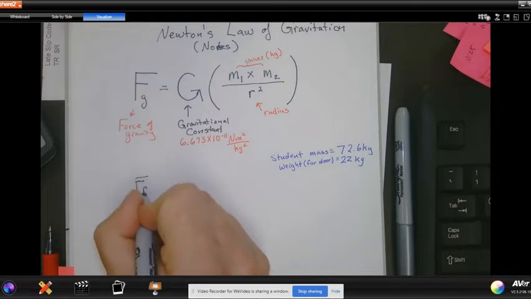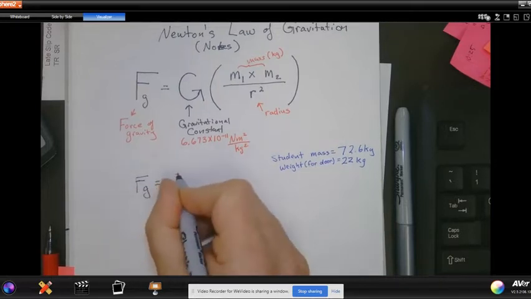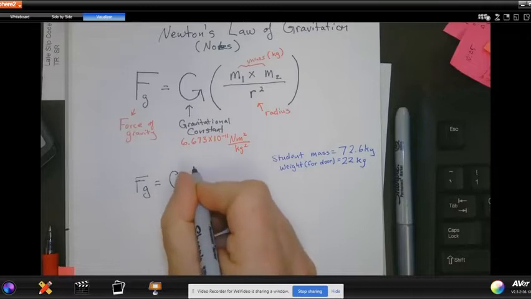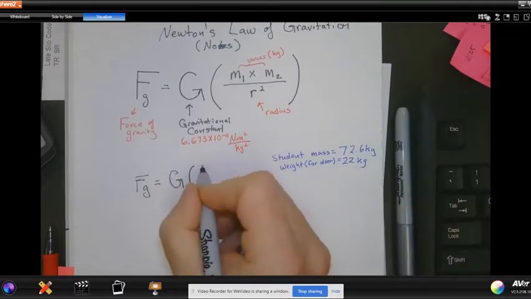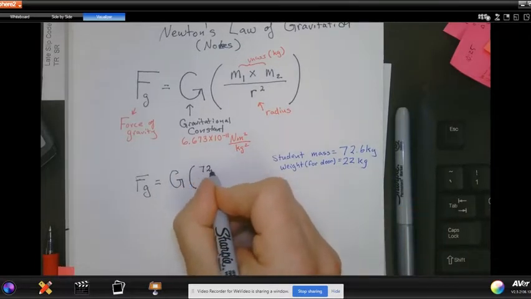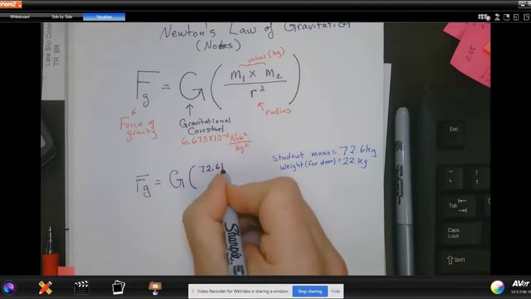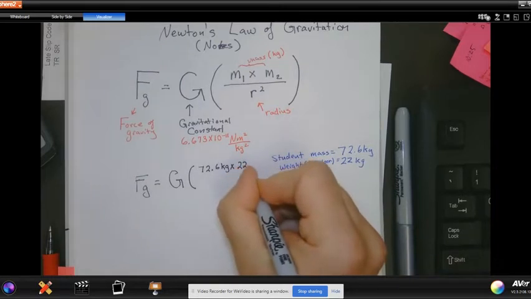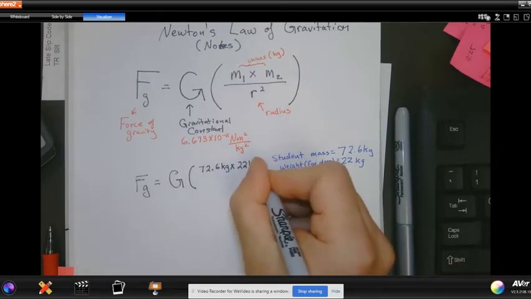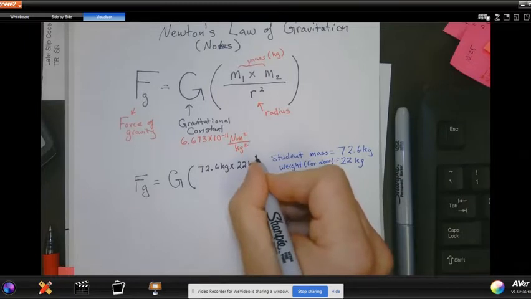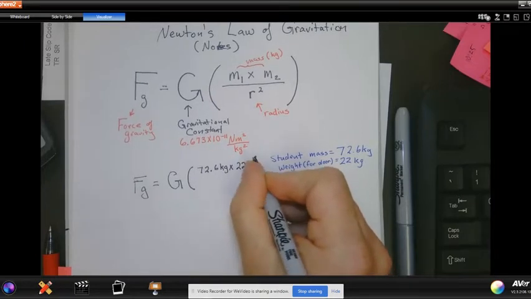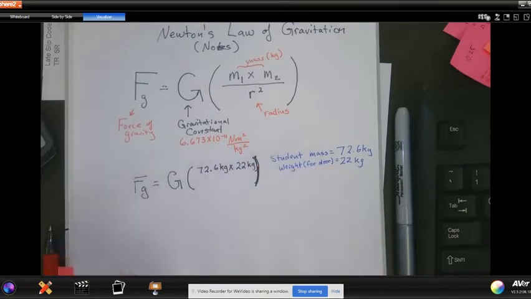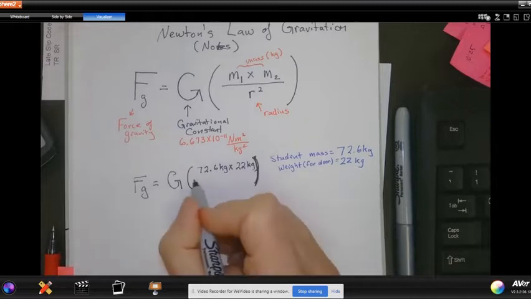The force of gravity equals gravitational constant times mass 1, 72.6 kilograms, times 22 kilograms. Then we measure how far those two objects were apart, the student from the mass that we were looking at.